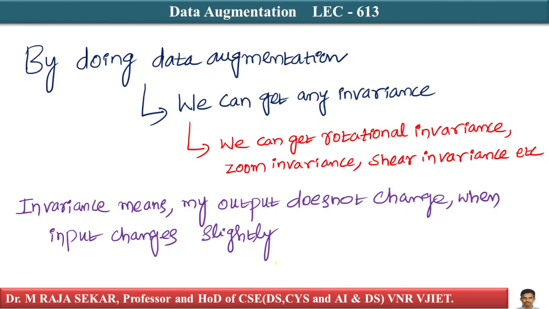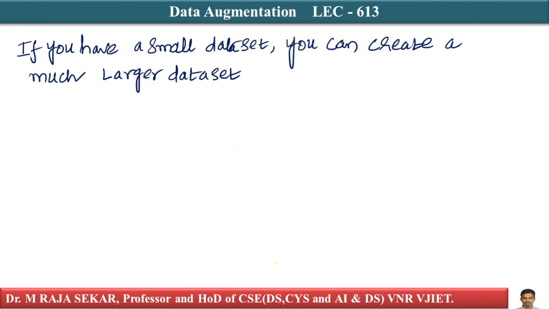Second, if you have a small data set, you can create a much larger data set which is also relevant. If you have, let's say, a data set of 1000 images, by applying all these invariance operations I can easily create a 10,000 image data set.